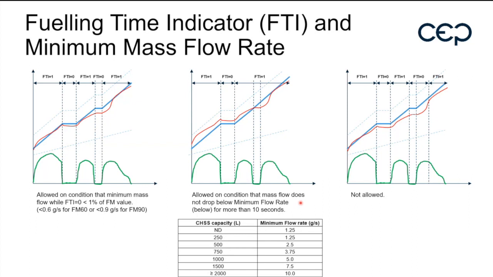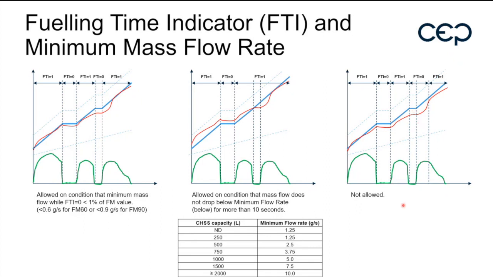But this can only be done on the condition that you do not drop below the minimum flow rate for more than 10 seconds. And this minimum flow rate depends on your total tank size. What is absolutely not allowed is that you put FTI 0 while the dispenser pressure is going up and you do have a fueling.